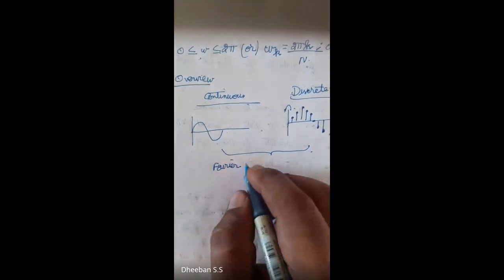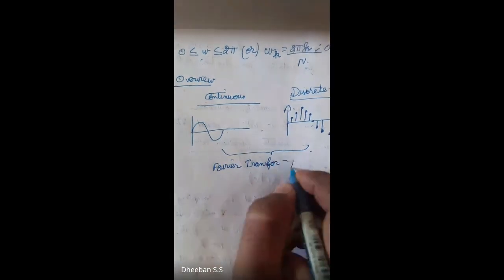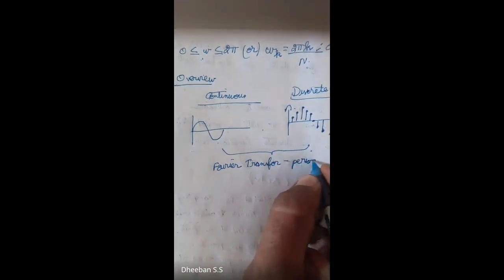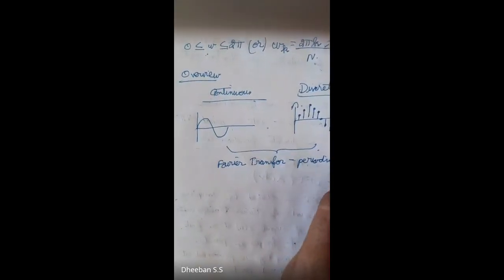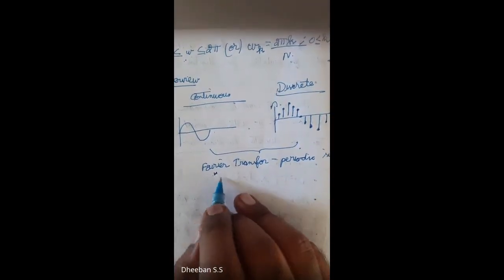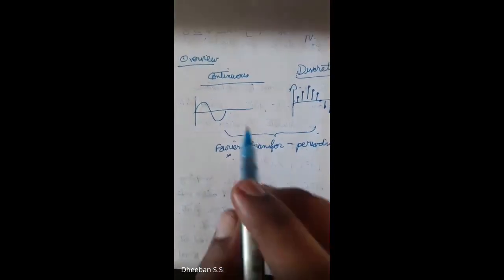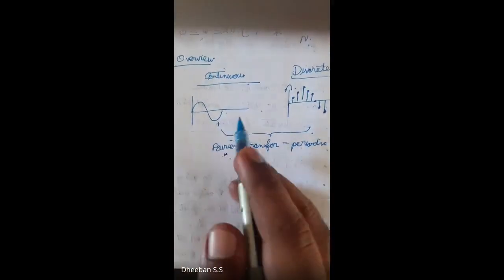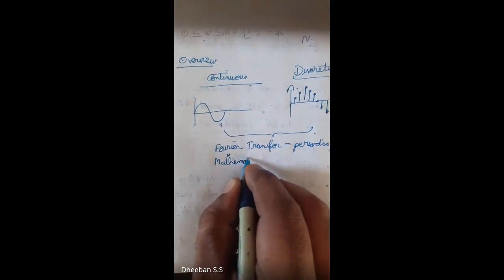So these two signals are periodic signals. Next, what you have to know is why you are taking this Fourier transform. That's the basic thing. You take it for mathematically representing the signal.